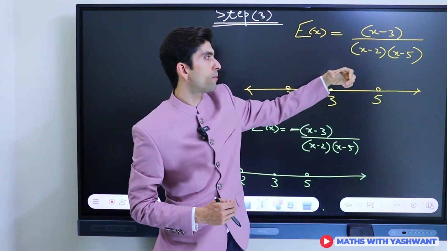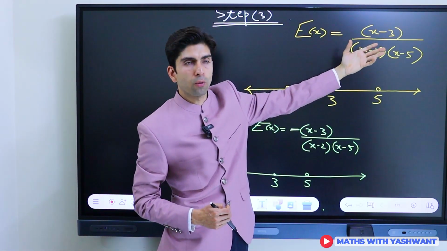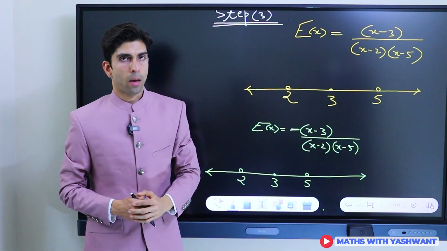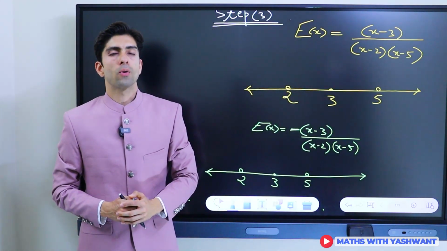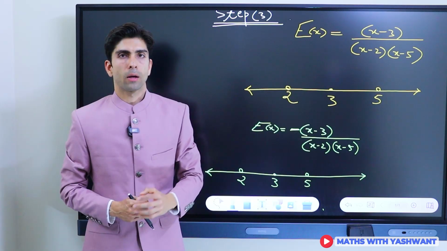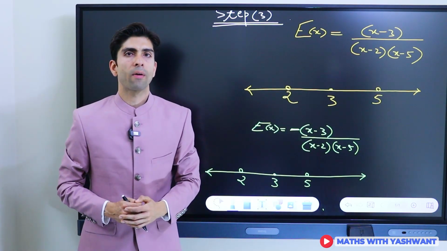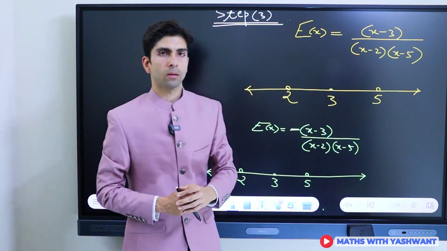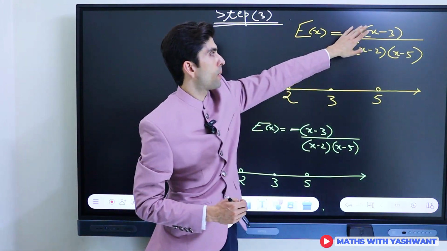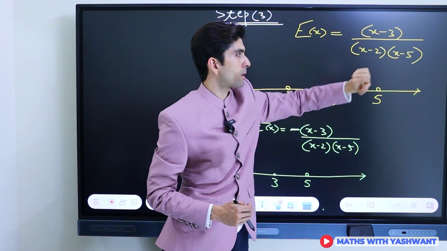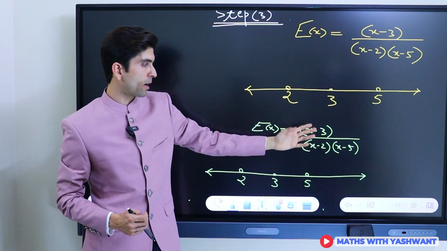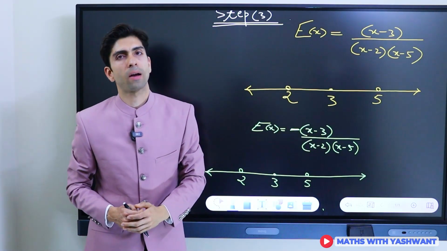Like in this case, we have linear factors in the numerator and denominator for both expressions. And secondly, you have to make sure that in all the linear factors, the coefficient of the variable, which in this case happens to be x, is plus 1. Like we have plus x and plus x, and in this expression as well, we have plus x in all the linear factors.